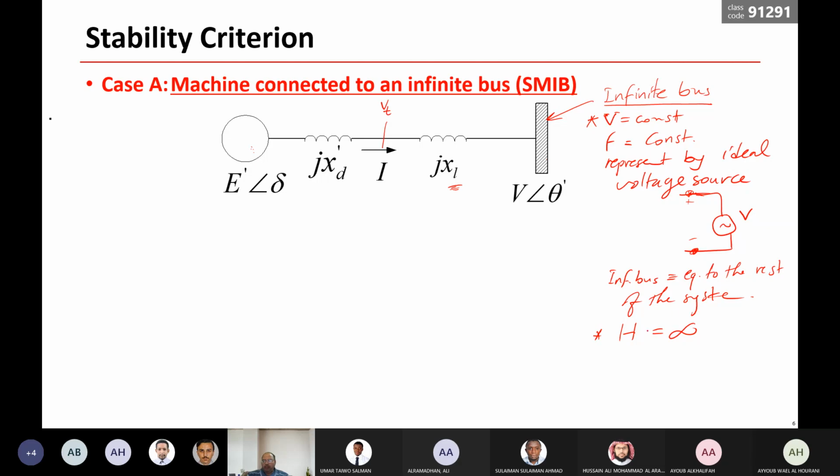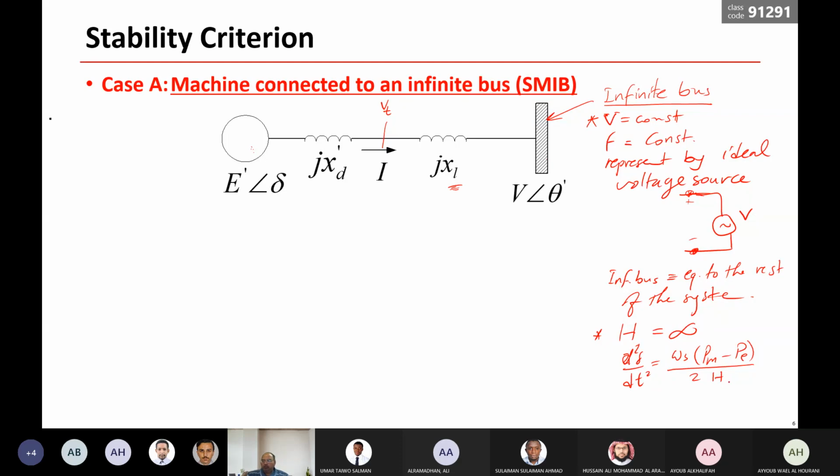If H equals infinity, go back to the swing equation: d square delta by dt square equals omega s times the quantity P mechanical minus P electrical, over 2H. This is the swing equation.